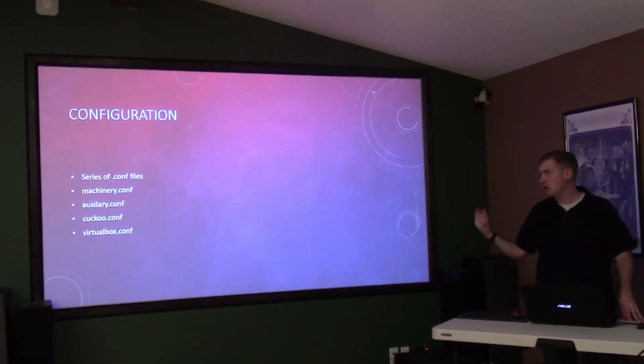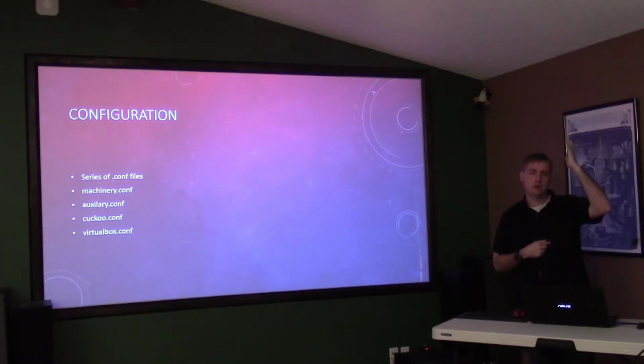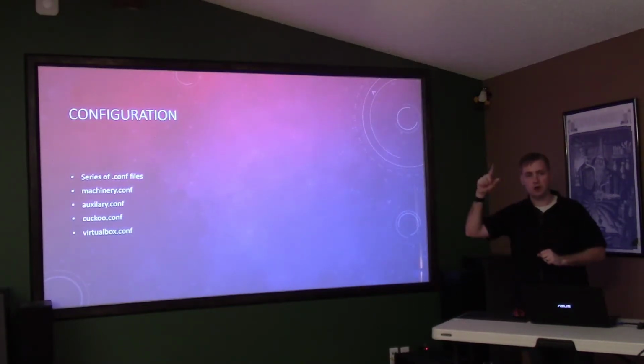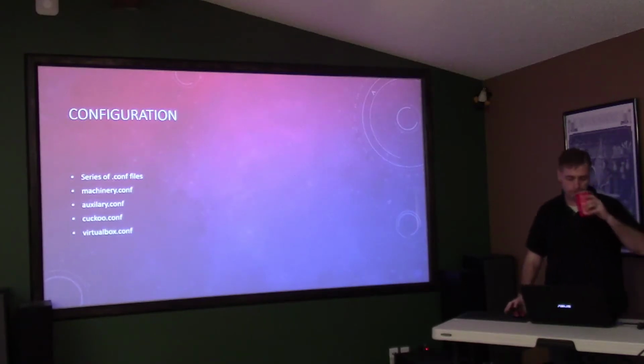A couple important ones are inside of the Cuckoo working directory, which is inside of home, .cuckoo, and all the conf files are inside of there. Some of the big important ones you need to pay attention to are machinery.conf, auxiliary.conf, where you can turn on and off all the extra features, cuckoo.conf, and virtualbox.conf if you're using VirtualBox as your virtualization software.